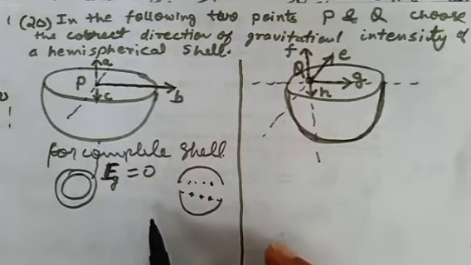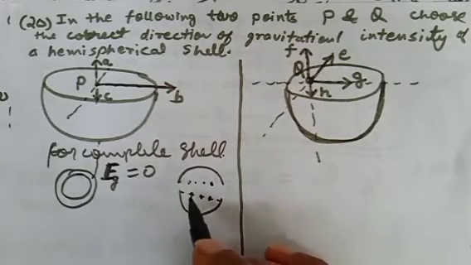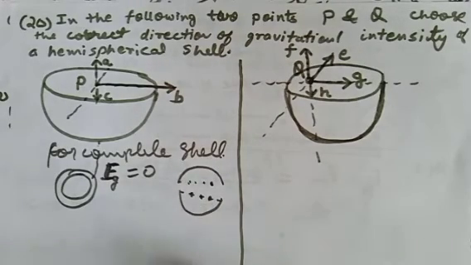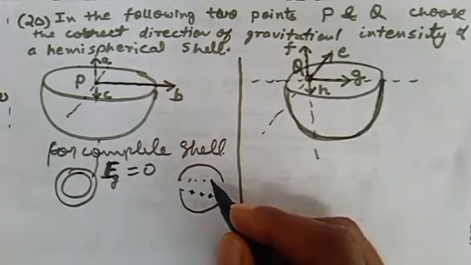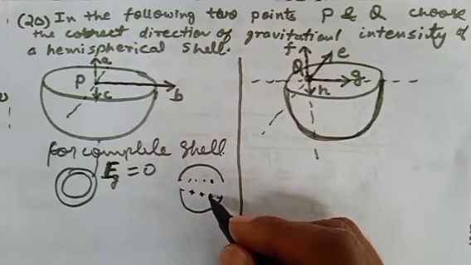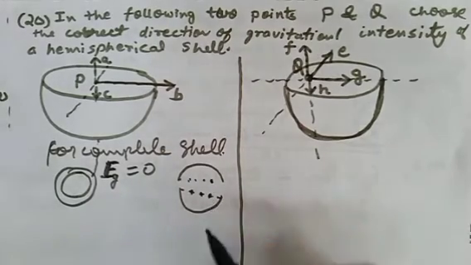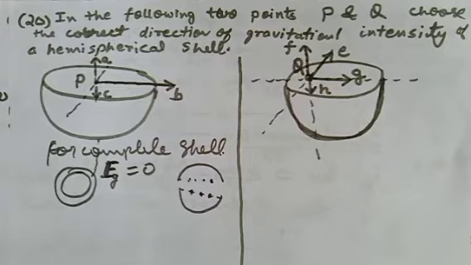Now taking a diametrical plane, each diametrical plane of the hemisphere will have the direction of gravitational field intensity in opposite directions. Whatever direction is here, the opposite direction must be in the other one, so that they could cancel each other in order to give zero intensity.